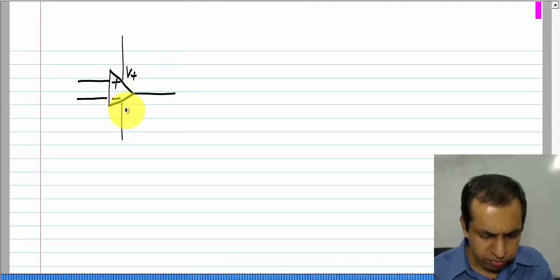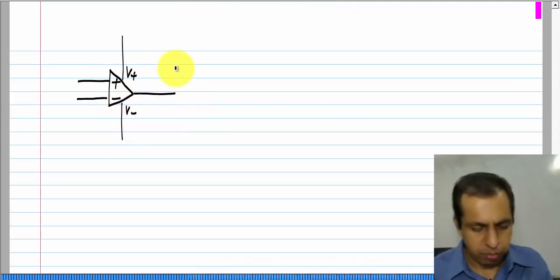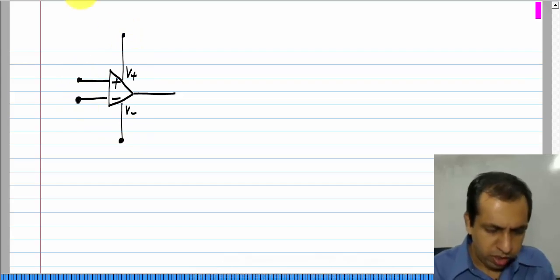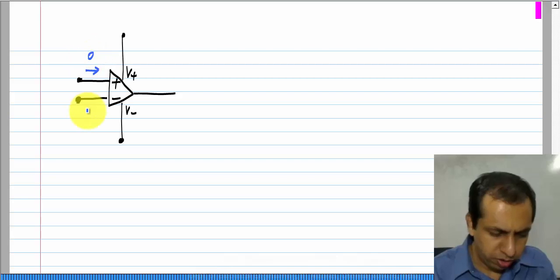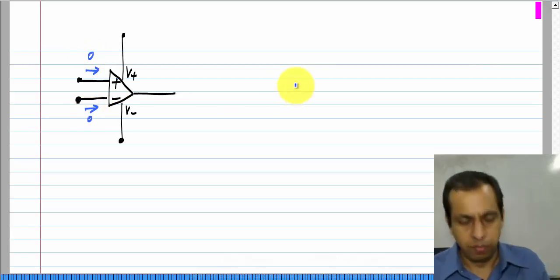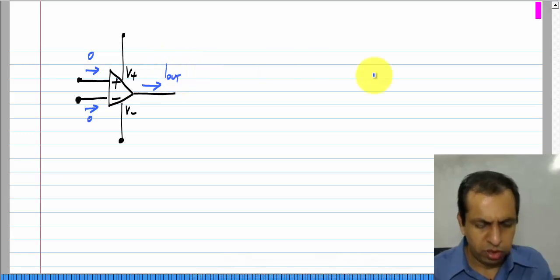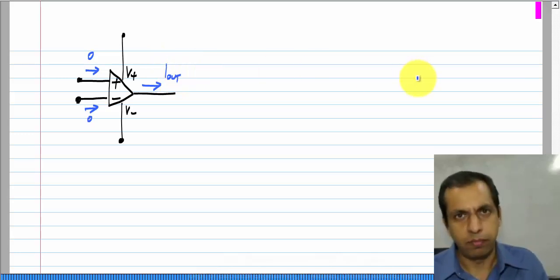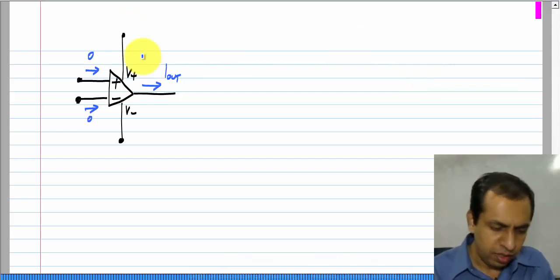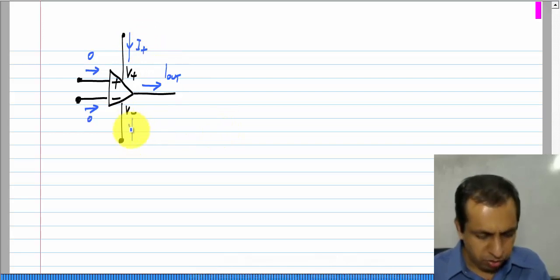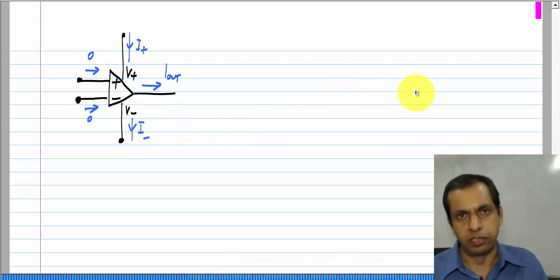So, I have the positive and the negative supply. Okay. And the currents into the input terminal of the op amp are 0, and let us say the current that is coming out, it is called I out. Okay. And the current that is going into the positive supply terminal, I call it I plus. The current that is coming out of the negative supply terminal, I call that I minus.